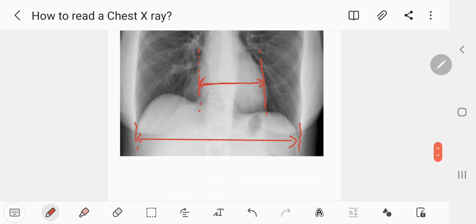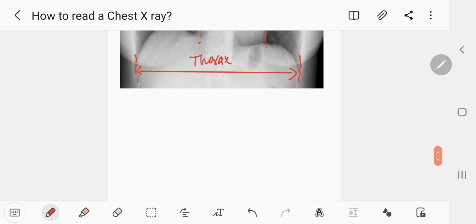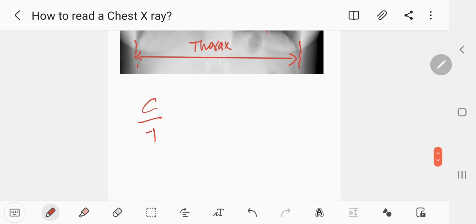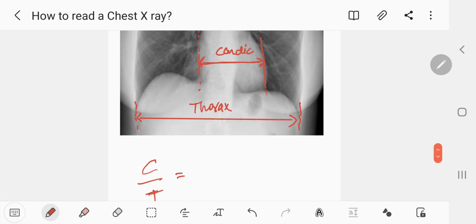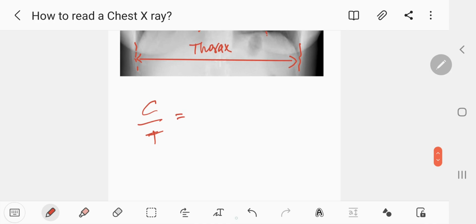So this is the cardiac transverse diameter, and this is the thoracic cavity transverse diameter. The cardiothoracic ratio is the cardiac transverse diameter divided by the thoracic transverse diameter, and a normal cardiothoracic ratio should be less than 0.5 in a PA view of a chest X-ray.